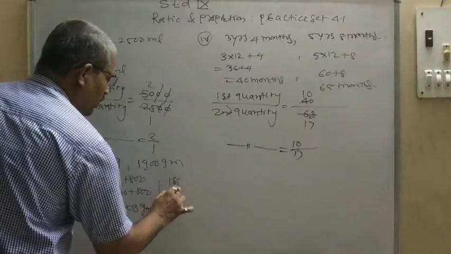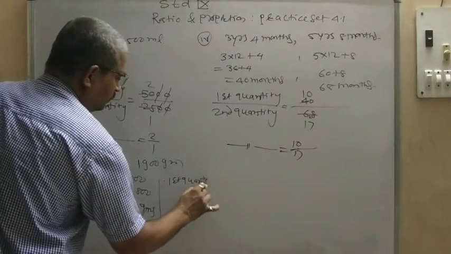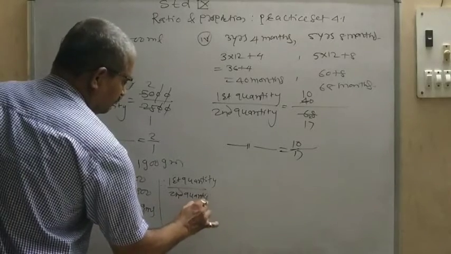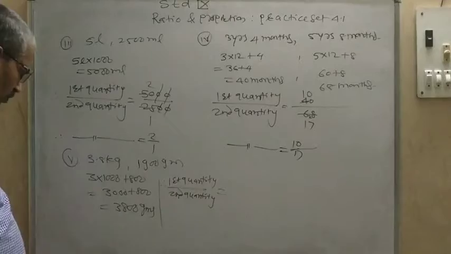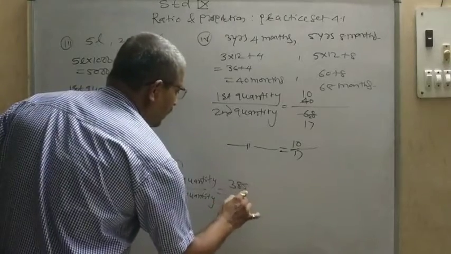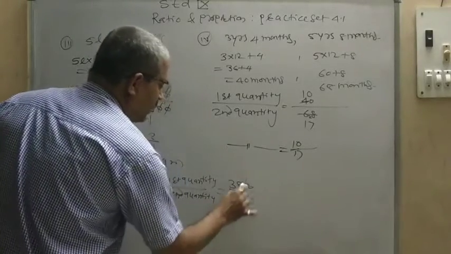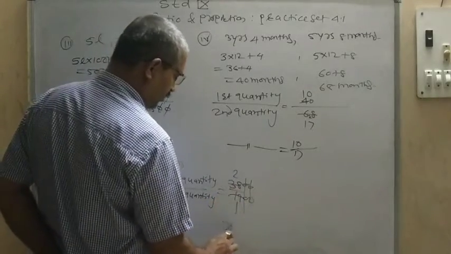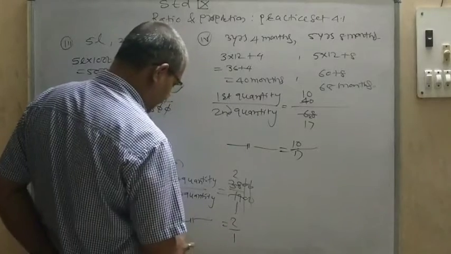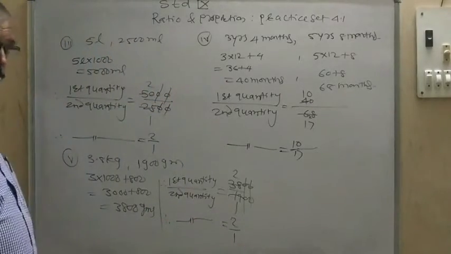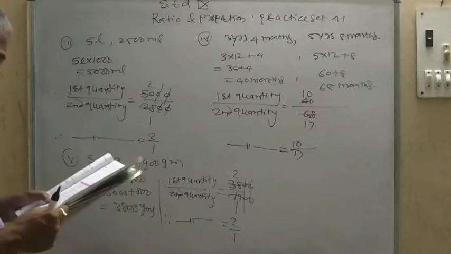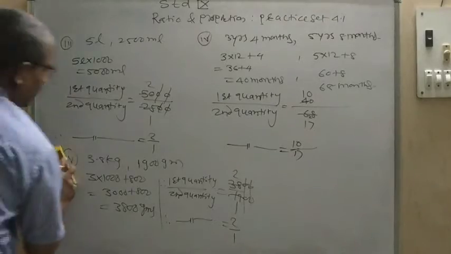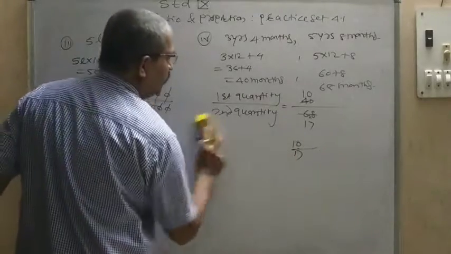Therefore, first quantity upon second quantity is equal to 3800 upon 1900. These two zeros are cancelled. 19 ones are 19, 19 twos are 38, 2 upon 1 is the answer. Okay, do you understand? If you don't have a problem, then I will go into the sixth question.